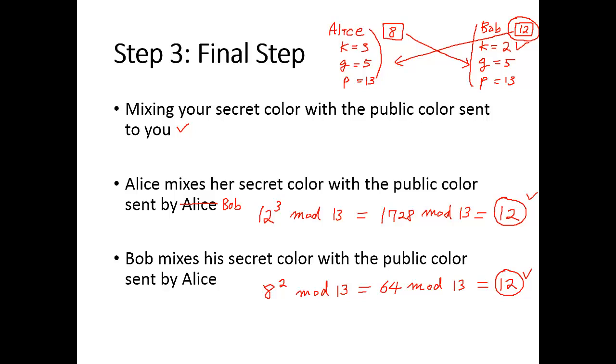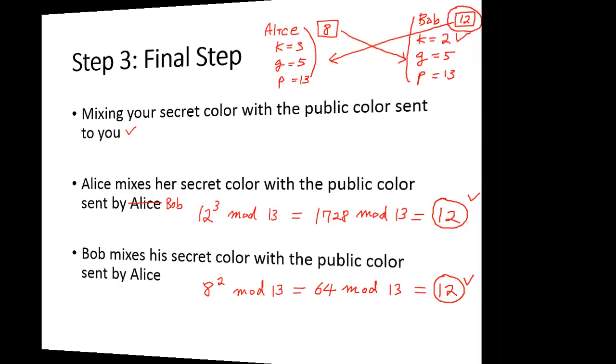So we probably should avoid this sort of situation in a real life key exchange exercise, and in reality we actually use very big numbers, so the chance of this happening is very slim.